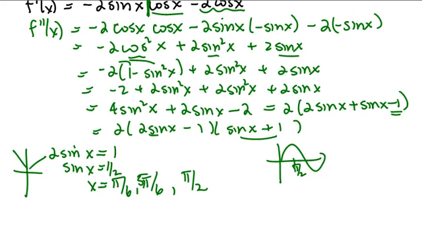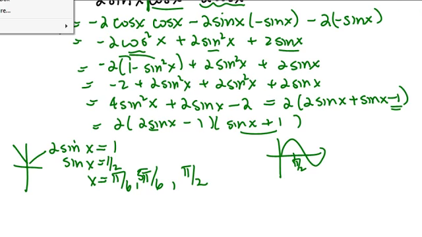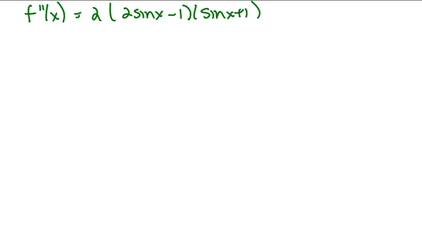So now I'm going to scroll down here and insert a new page. There we go, and I'm just going to write the second derivative one more time up here, 2 sine x minus 1 and sine x plus 1, and I'm going to put these on a number line.